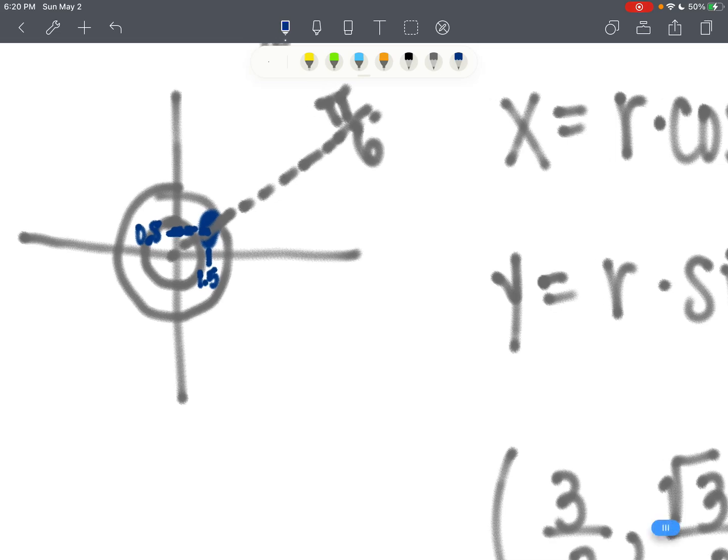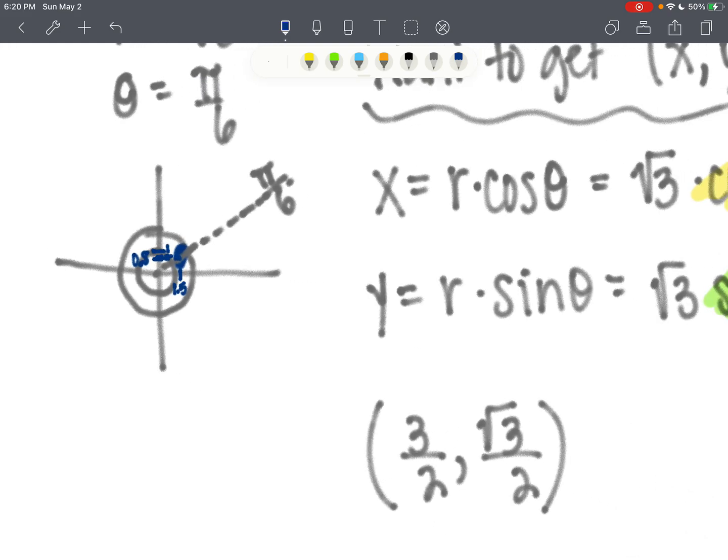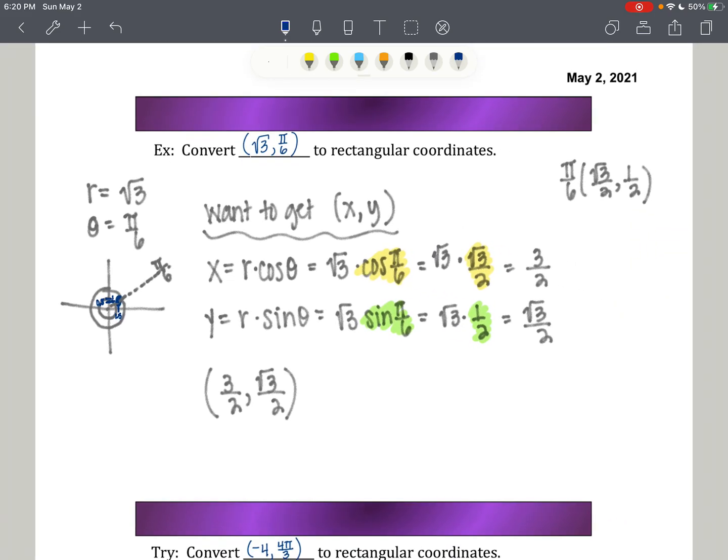And the first circle would be a 1. So that makes sense. Therefore, that's our answer. Those are our rectangular coordinates.